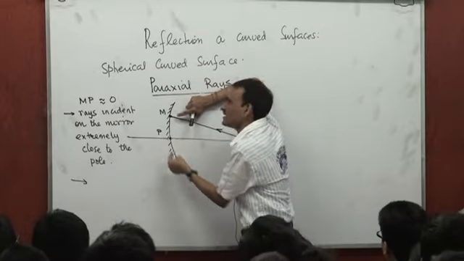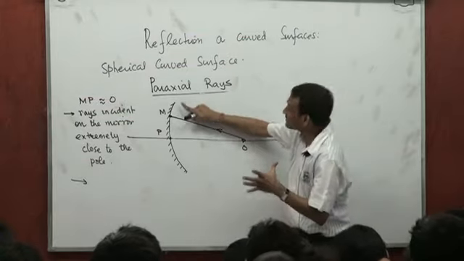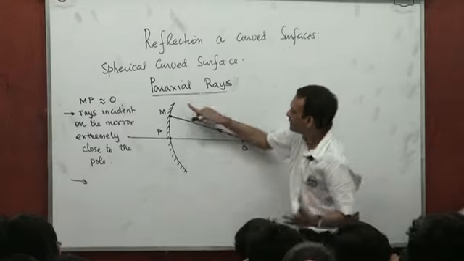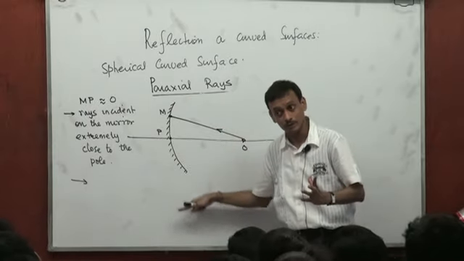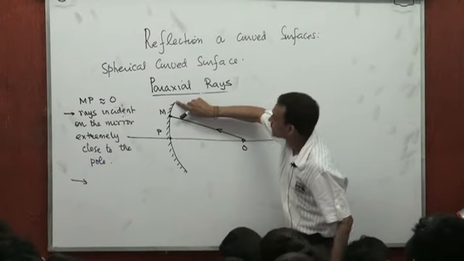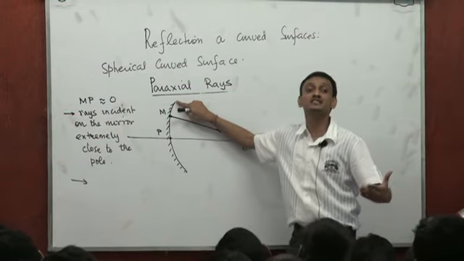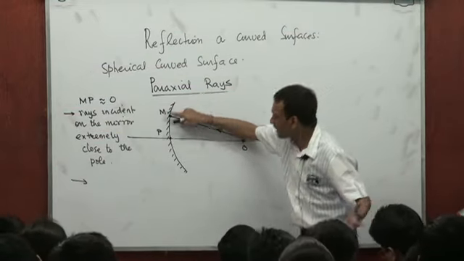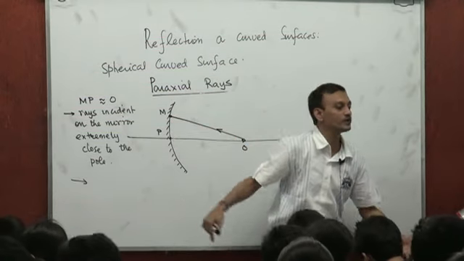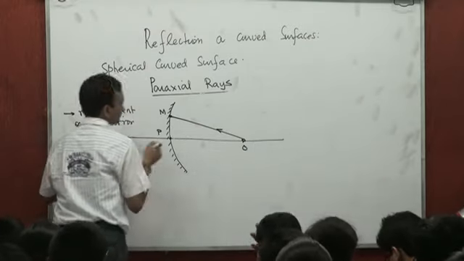If the aperture of the mirror itself is very, very small, then the farthest ray of light can hit the mirror is at one extremity of the aperture, and that itself would be small. So the point of incidence would still be close enough to the pole of the mirror, right? First.